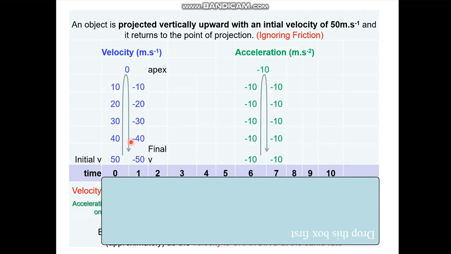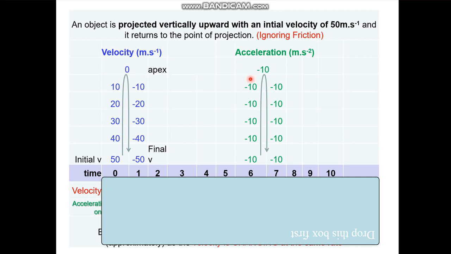If you were now going to look at the acceleration graph, you would see in the first second it lost 10 meters per second, and so its acceleration would be 10 meters per second squared. Every second as it's going up, it loses 10 meters per second. It goes from 50 to 40 to 30 to 20. And so its acceleration is negative 10 meters per second squared, because it is losing 10 meters per second every second.